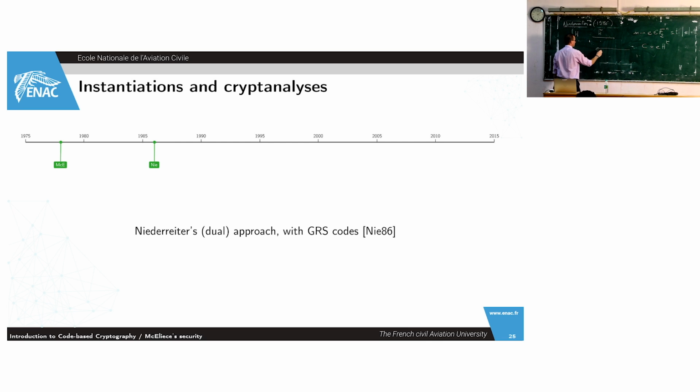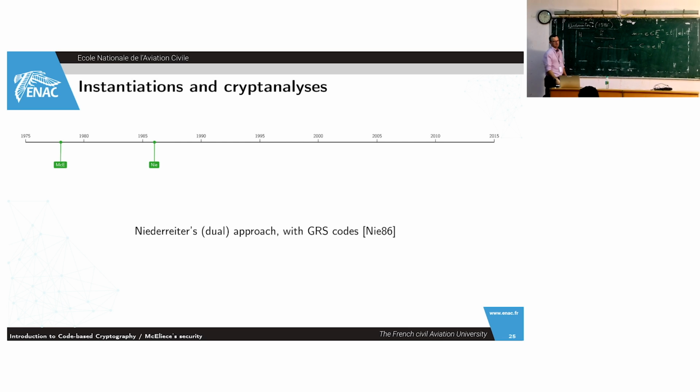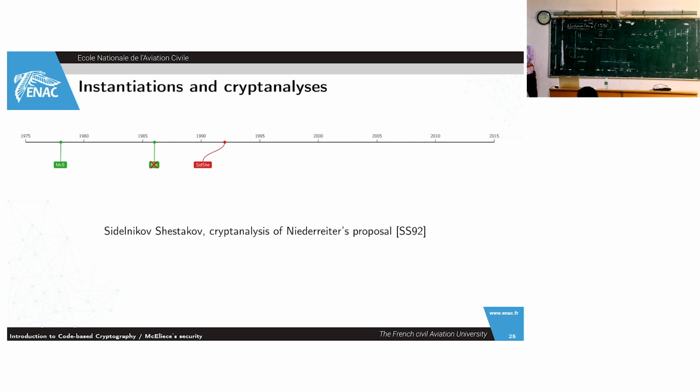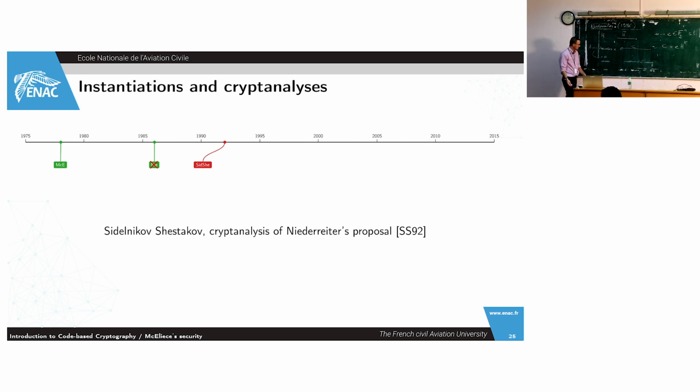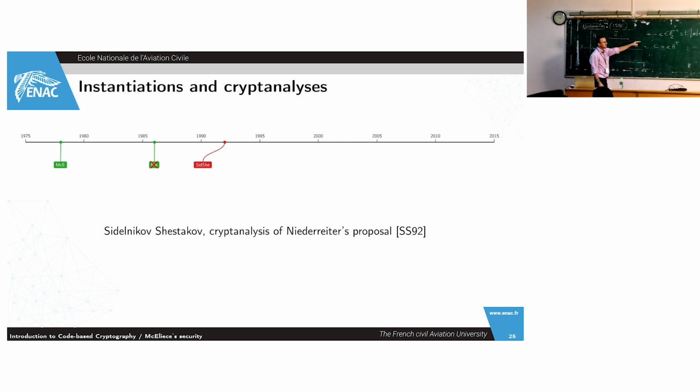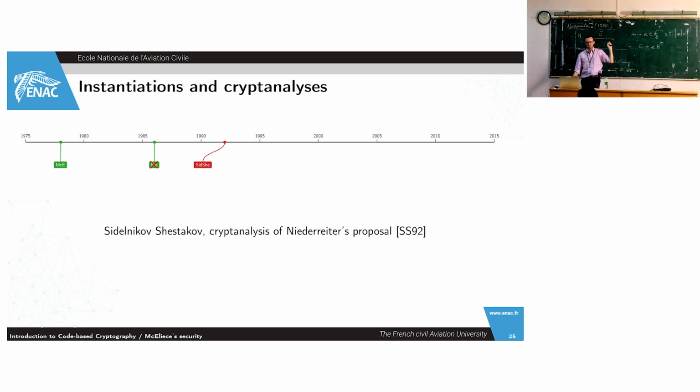He sends the ciphertext to Alice, and Alice decodes the ciphertext. This gives her the error that Bob chose, and she applies the inverse mapping to find back the message.